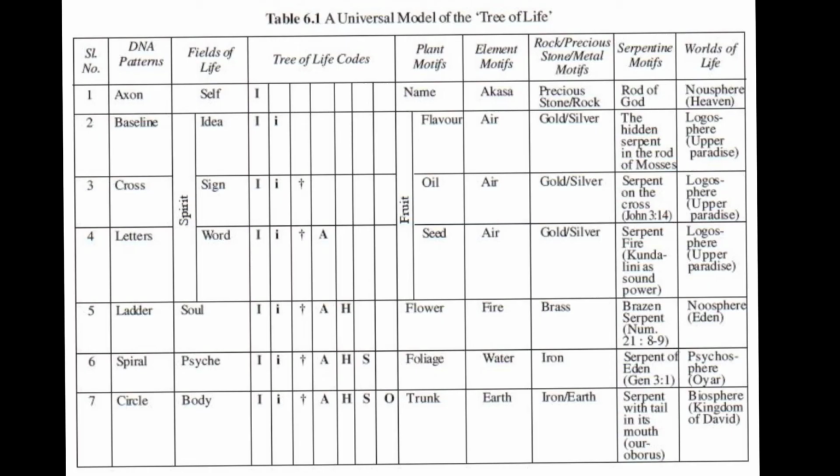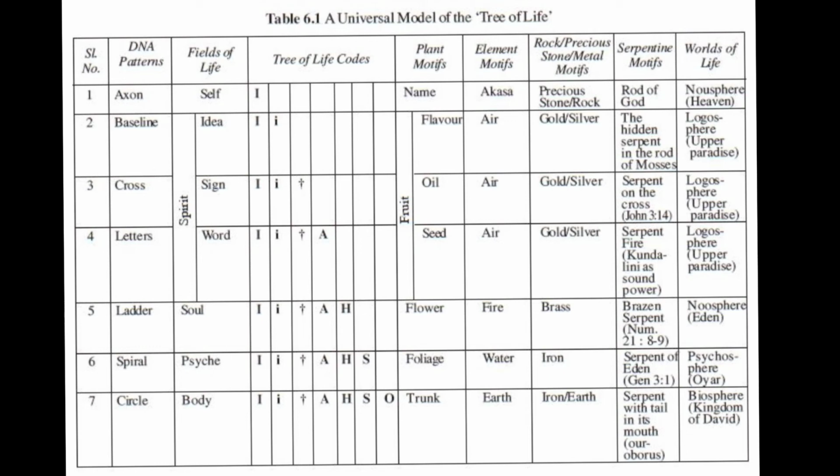Now, the expanded model of the tree of life is given on page 72 of my book, Cosmic Code of Life, and reproduced here for easy reference. This expanded model of the tree of life provides a rich database under the following parameters linked to consciousness as life principles.